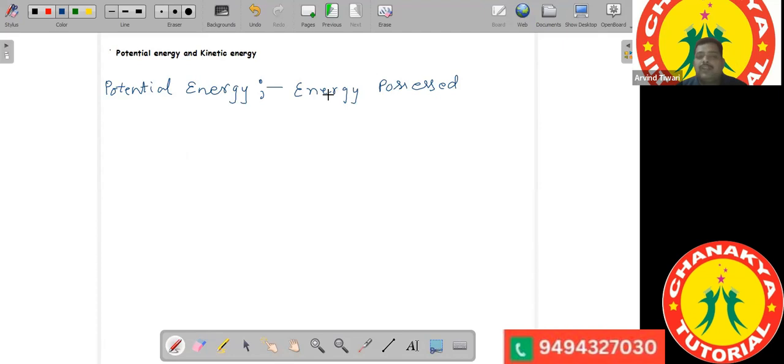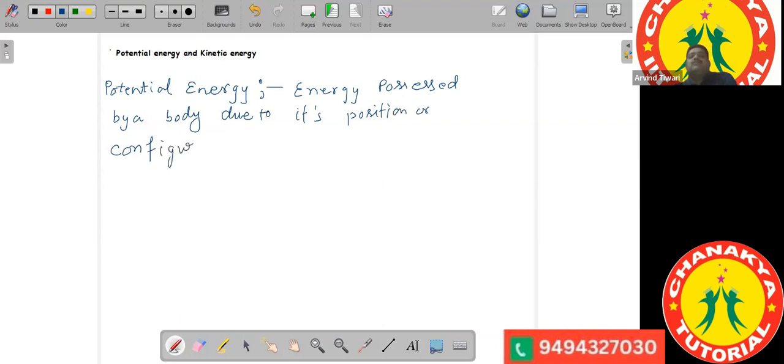Okay. So potential energy is the energy possessed by a body due to its position or configuration. Configuration means either change of shape or structure. If an object possesses any energy because of the change of its shape or structure, or because of the change of position, that we call the potential energy.